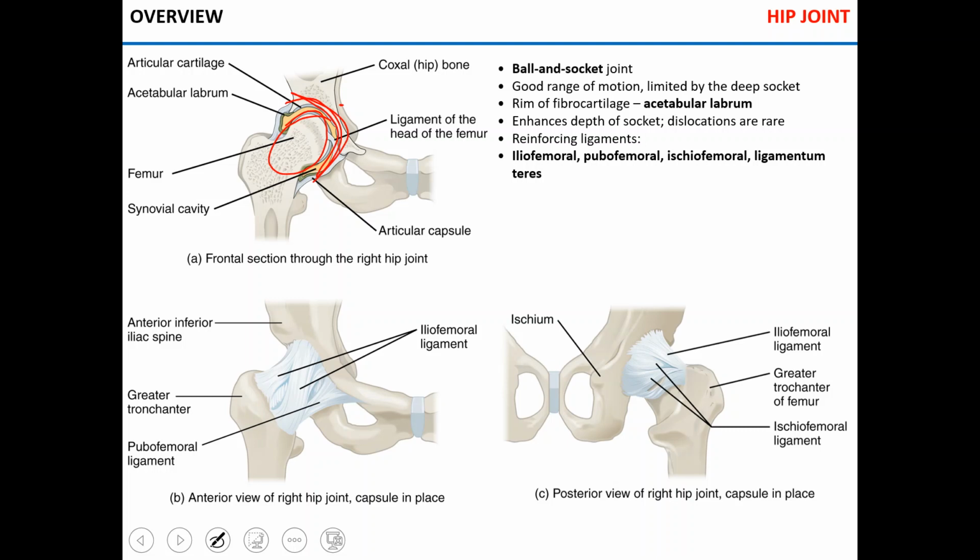Also, you can kind of see this green band of cartilage. It's the so-called acetabular labrum. Labrum means a lip. So it's a lip that surrounds the head of the femur and provides extra stability. Ligaments that reinforce this joint are the ligamentum teres, or the ligament of the femoral head, right here.